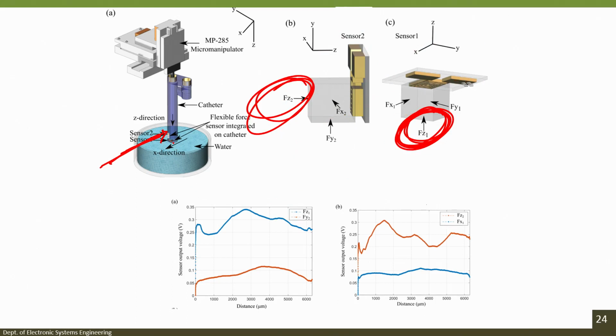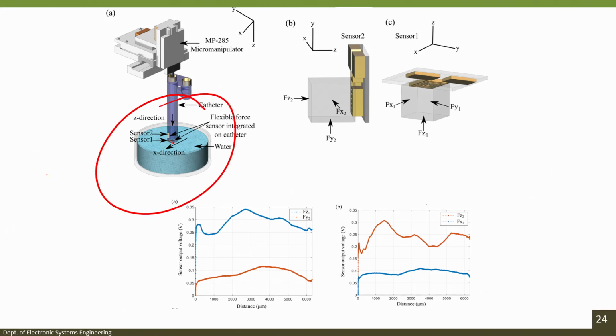This is how it is related. So, FZ1 is related to FY2, FZ2 is related to FX1. I say Z, but you can also say it however you are comfortable. The point is that we can measure the change in the sensor output voltage when we move the sensor in the water.